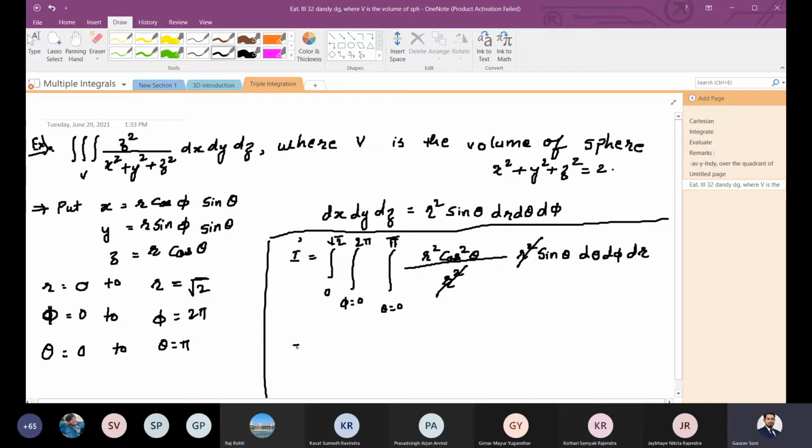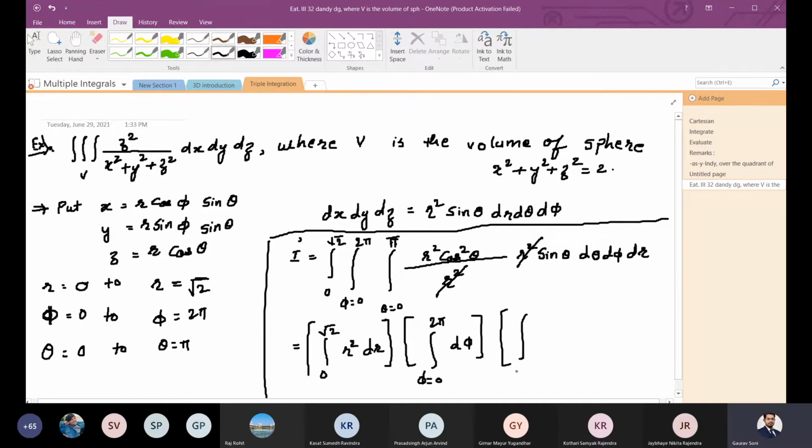How can we solve the integration? All the limits are constant. Your integrand is the product of a function of r, a function of theta, and a function of phi. So I can simply separate it: the integral of r square dr from 0 to under root 2, then phi running from 0 to 2 pi d phi, and in the third integration, theta running from 0 to pi of cos square theta sin theta d theta.